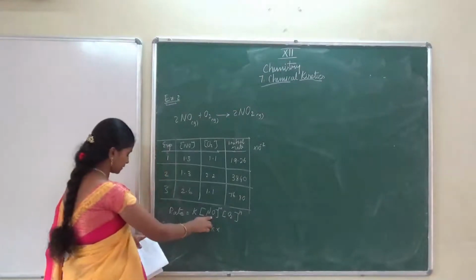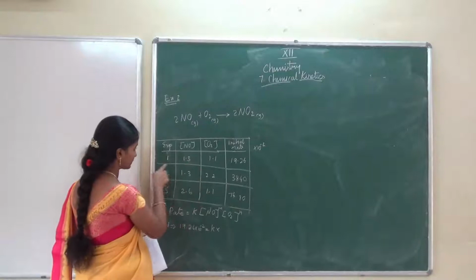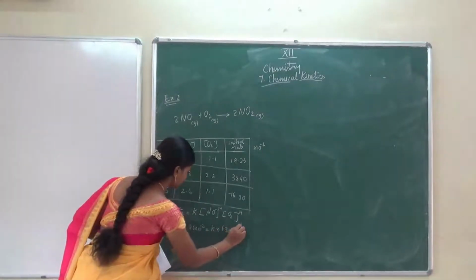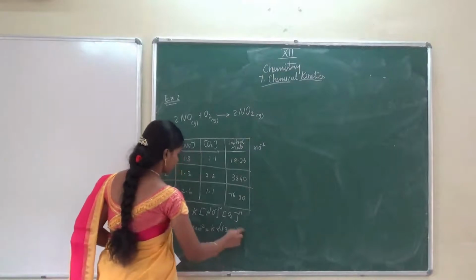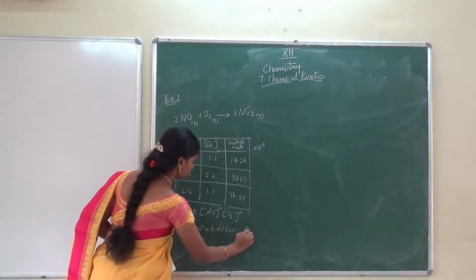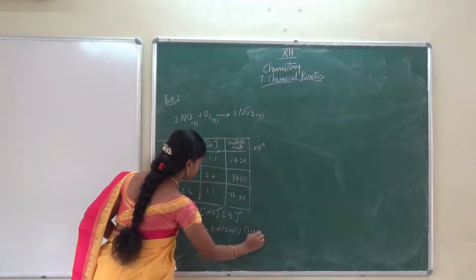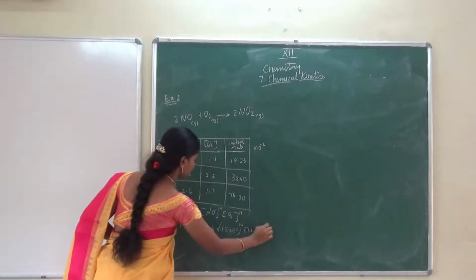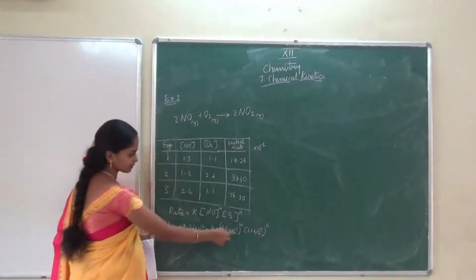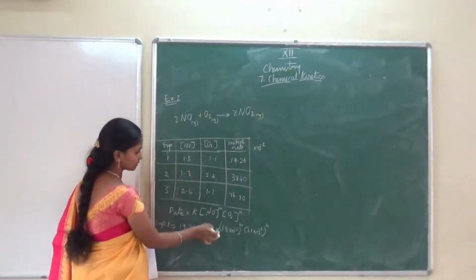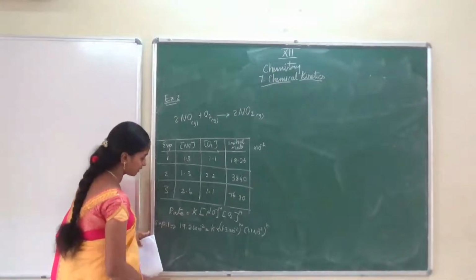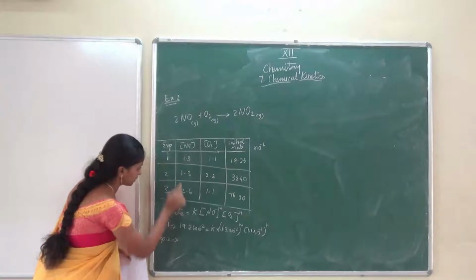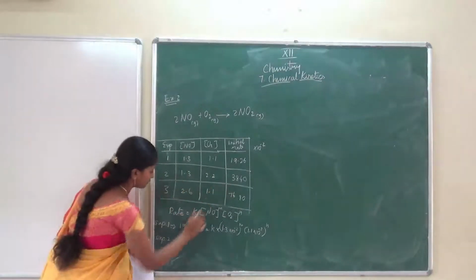What is the NO concentration for experiment number 1? 1.3 into 10 power minus 2, and the O2 concentration 1.1 into 10 power minus 2. Here power m, here power n. We just choose these values from the table and write. Next, experiment number 2, the same way. What is the rate value?